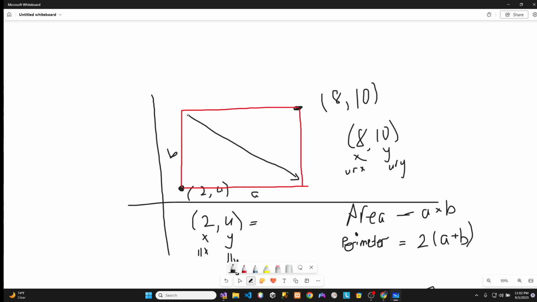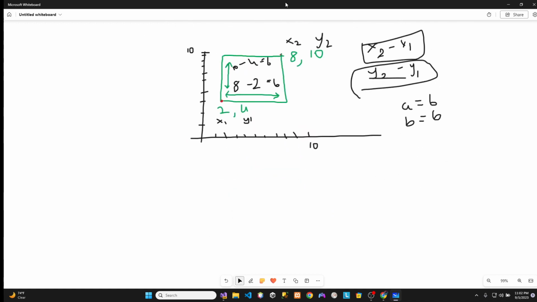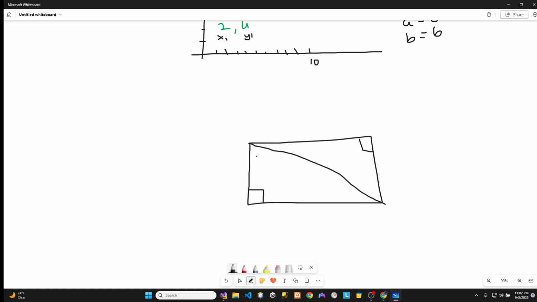Calculate this distance. If you take a rectangle like that and try to divide it like this, you will see it is 90 degrees here, 90 degrees here, and this is a rectangle. So we have B, A, and C. Pythagorean theorem: C squared equals A squared plus B squared.